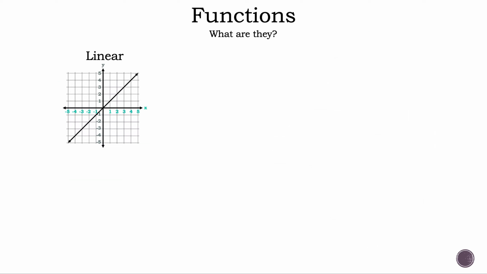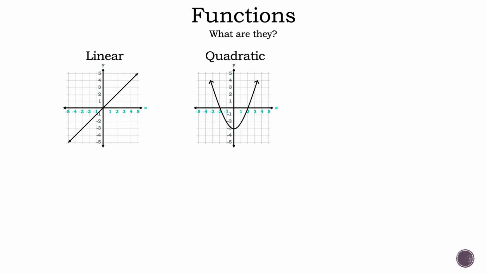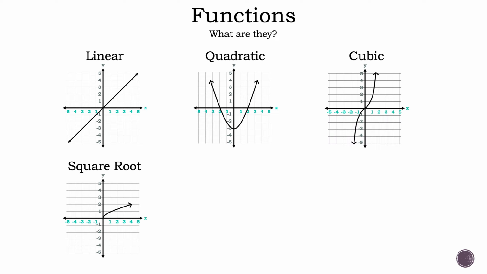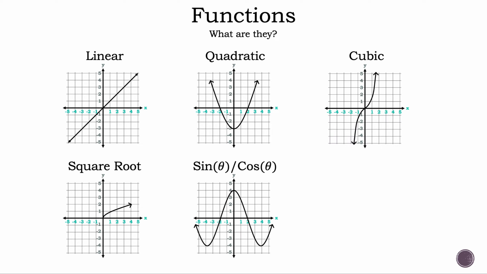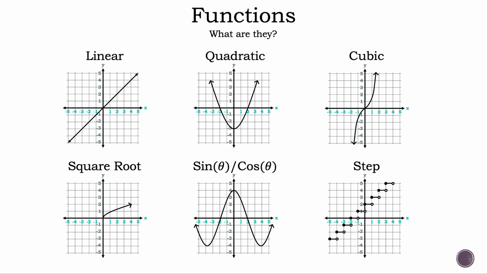Linear is one of the many types of functions we could have. We could also have a quadratic function, a cubic function, a square root function, a sine or cosine function, and a step function. Some of these graphs we haven't seen before, but we will eventually. Now, if we encounter a graph we haven't seen before, we can use the vertical line test to determine if the graph represents a function.